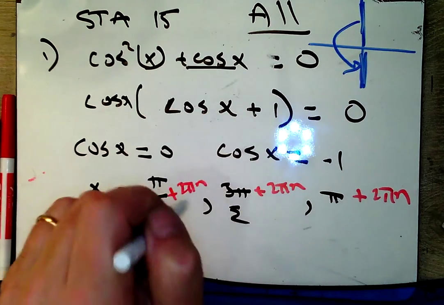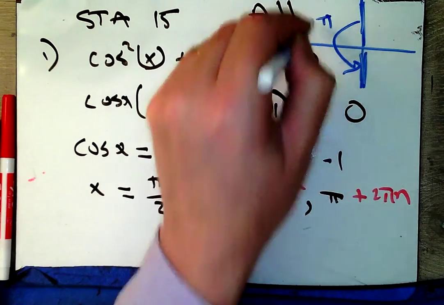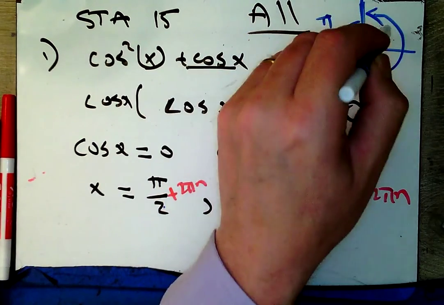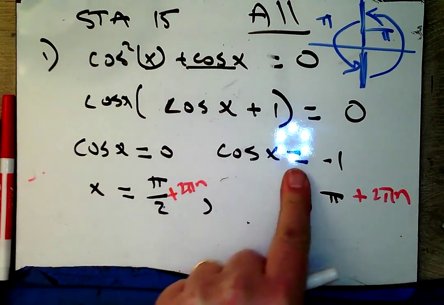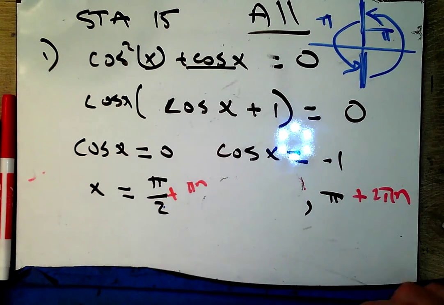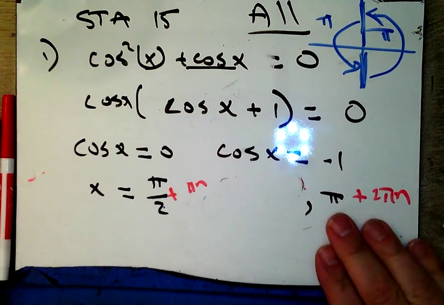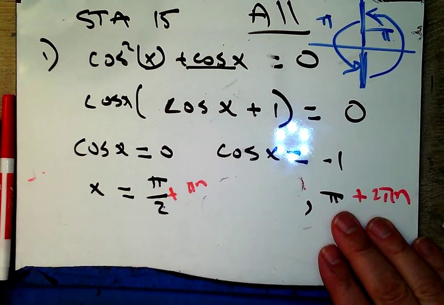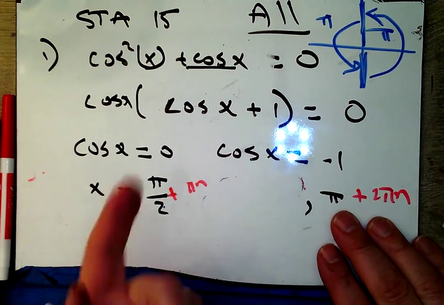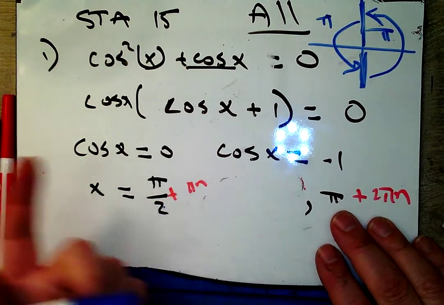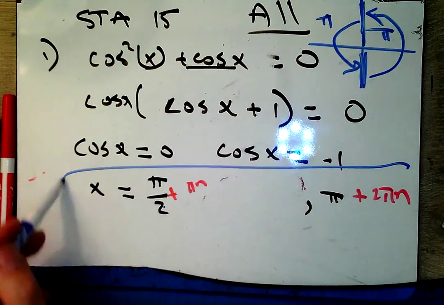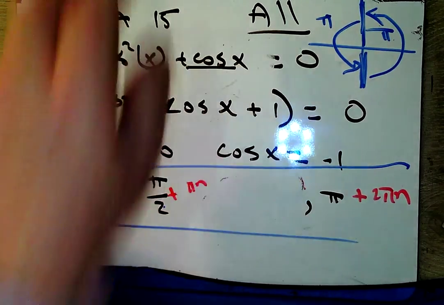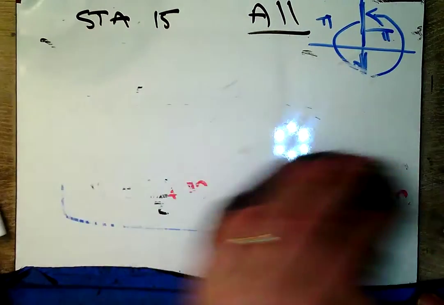The distance between this solution and this solution is pi. And the distance here, that's another pi. You don't need to write both of these. You just need to write one with a pi. This would require 0, but at the angle of 0, cosine, the x value at 0, is 1, not -1. So no, I can't simplify that. So these are my solutions for problem number 1 on station 15.